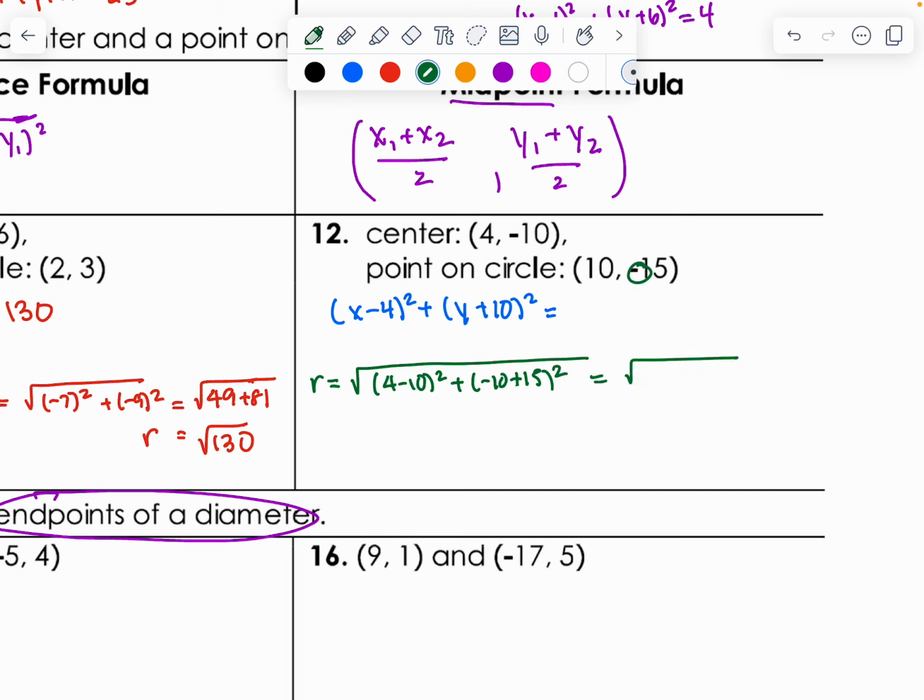And cleaning that up is going to be negative 6 squared and 5 squared. Cleaning that up is 36 plus 25. You absolutely cannot take the square root of them before adding it together. So if you add those together, you're going to end up with the square root of 61. But I don't want the radius, I want radius squared. So this will equal 61.